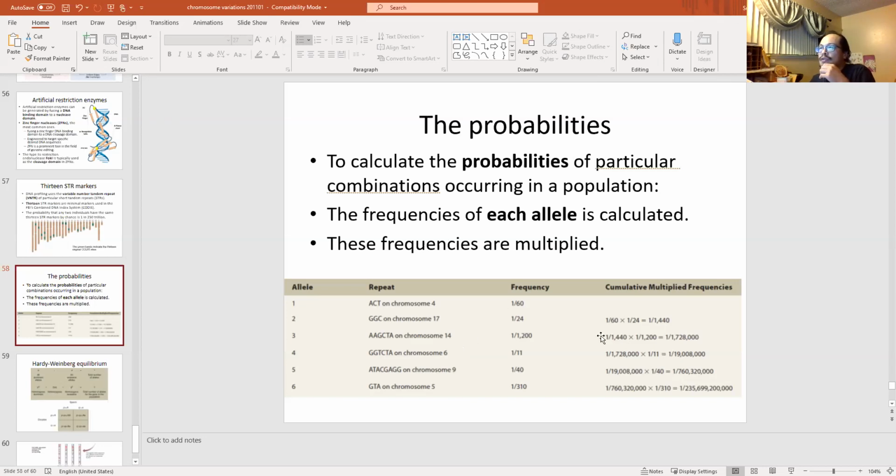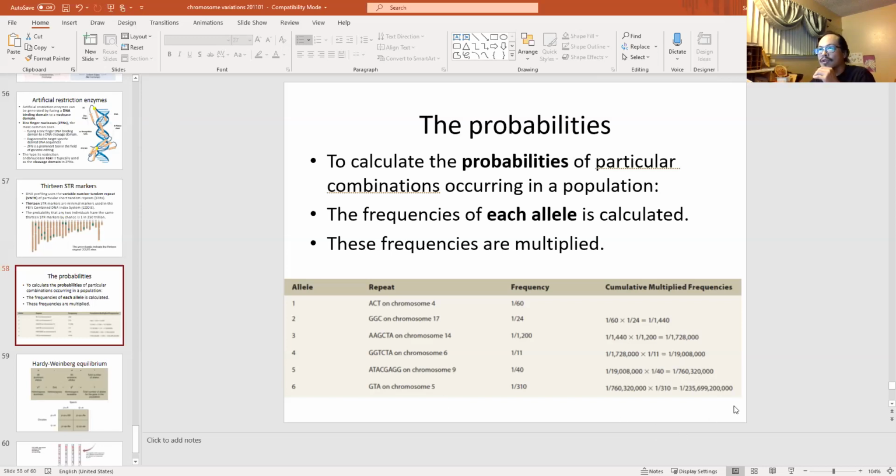And the way to do it is you multiply them together. So if you have all these 6 identical, the chance that these are not the same person is 1 in this.